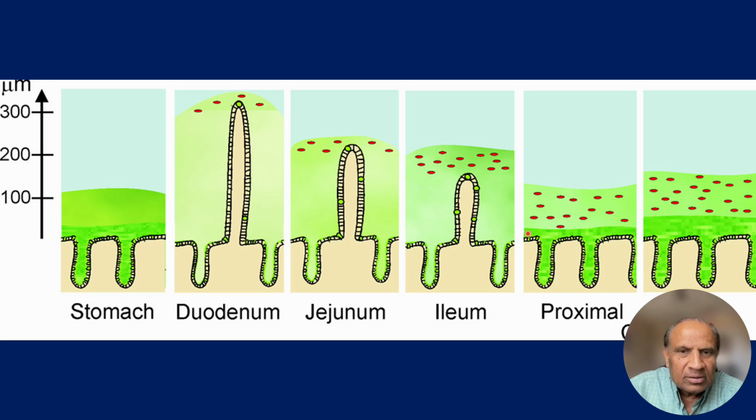Once we come to the colon, the colon has a big thick layer of mucus, and on top of that there is a thin layer of mucus. These have many bacteria, and the number of bacteria increases as we go further down towards the rectum, and in the same way the thickness of the thick mucus layer also increases in size.